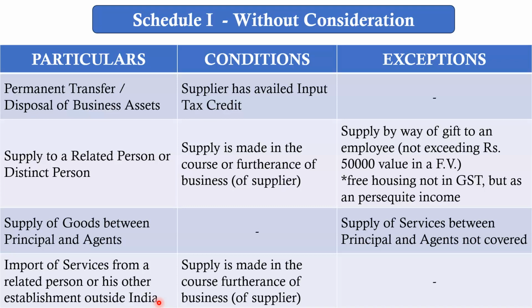Correct? So, a related person is basically one who has different PANs. Here the officers or the directors of one or another business will be known as the related person. Like we have our director, or the office staff, again a related person.